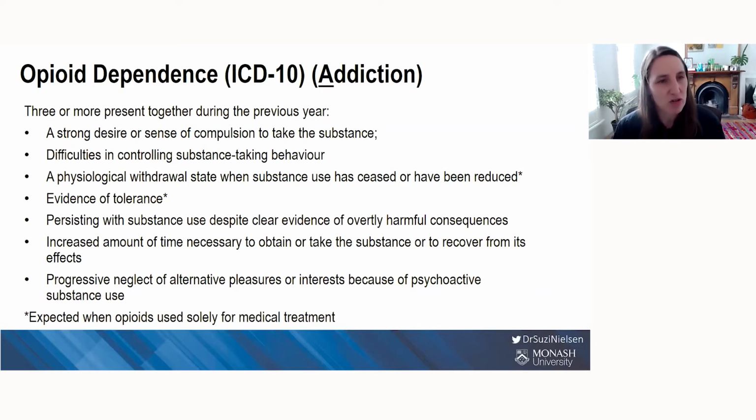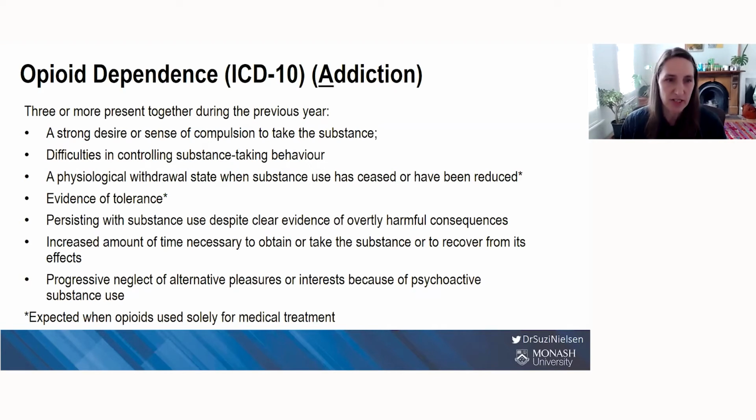So having a strong desire or a sense of compulsion to take the substance, difficulties controlling use. There is a withdrawal state and evidence of tolerance, although I would note that when we're talking about opioids, when they're being used solely for medical treatment, these 2 symptoms don't actually contribute to the diagnosis of opioid dependence. So it would really be these other 5 behavioural symptoms that would be considered.